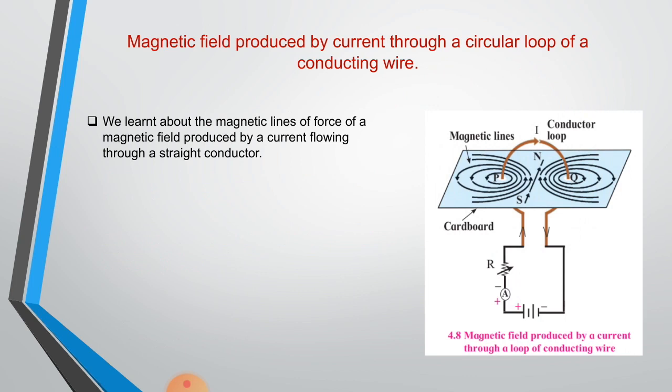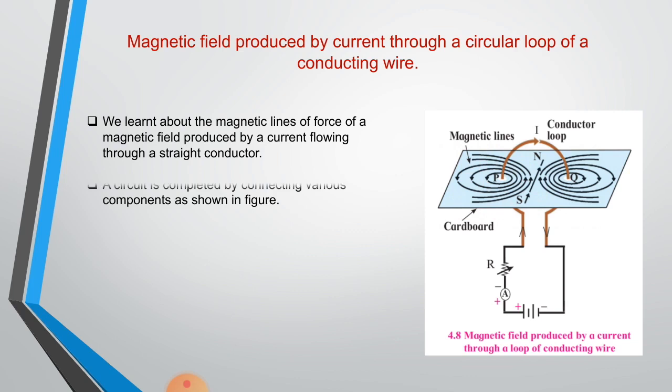So what will happen to the magnetic lines of force of the field produced by a current flowing through a loop made by bending the straight line? जब straight line को bend करोगे तो क्या होगा? Concentric circles बनेंगे. You can see over here the concentric circles. It will form concentric circles.